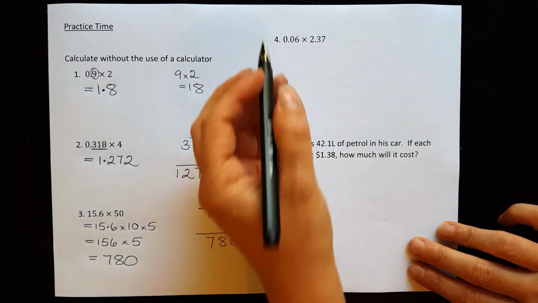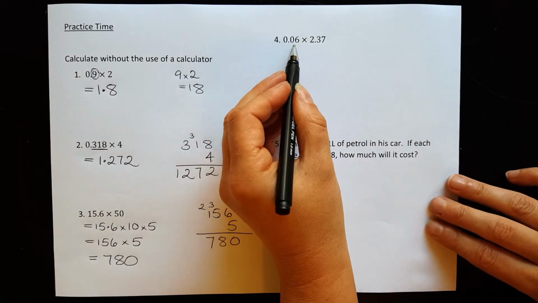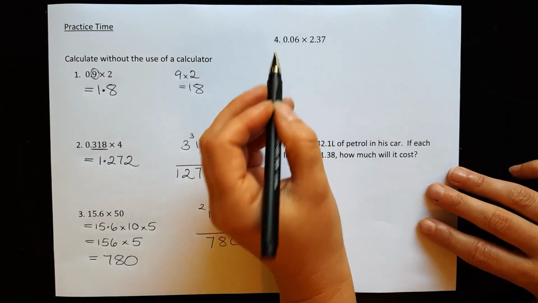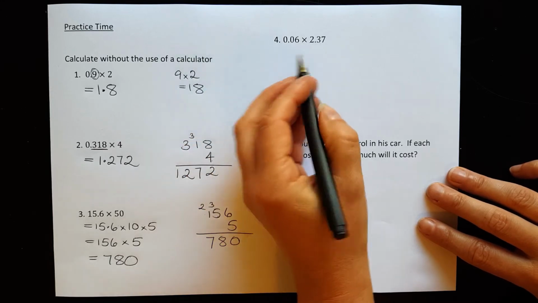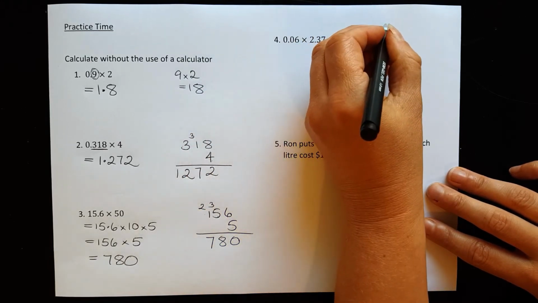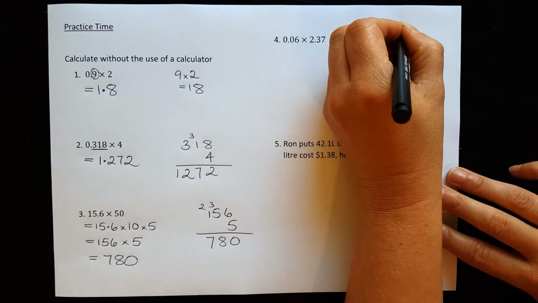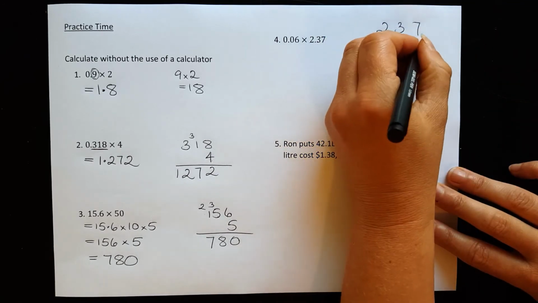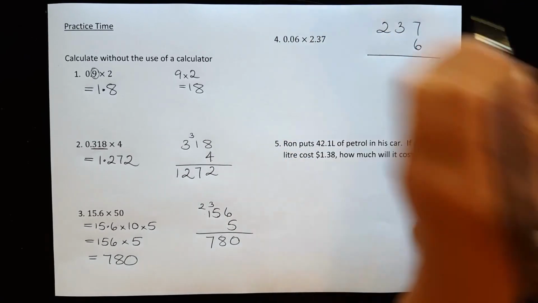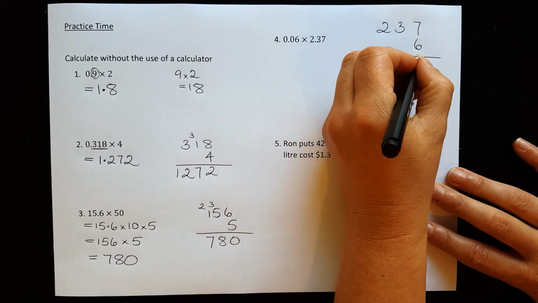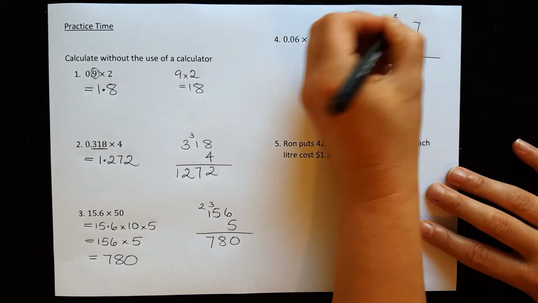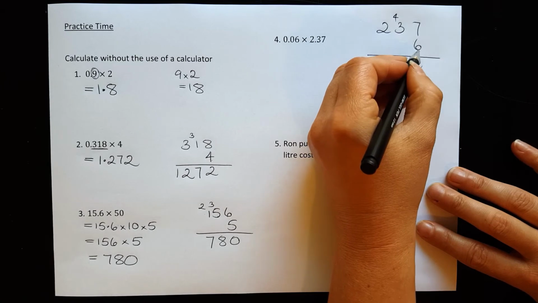Question 4. 0.06 times 2.37. So let's ignore the decimal places. Let's start with the bigger number first. Put it on top. 237. And we're going to multiply that by 6. So 6 times 7 is 42. 3 times 6 is 18.